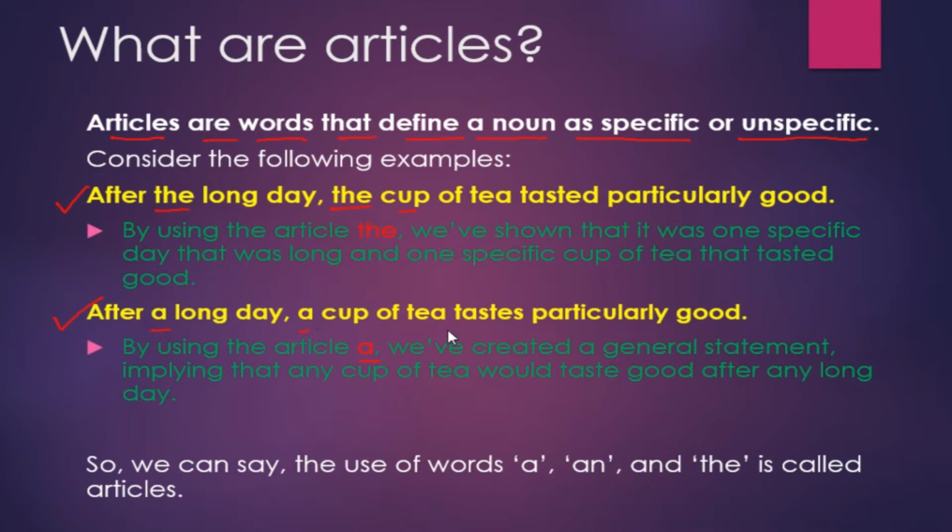So any cup of tea will be very good after a long day, not a specific day. So we can say the use of the words A, AN and the is called articles. I think you have understood what I wanted to say.